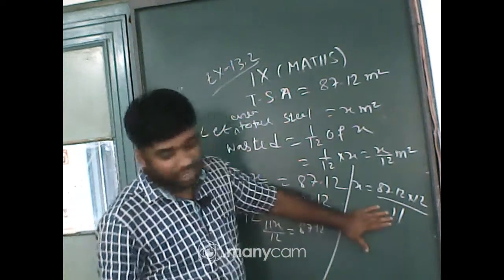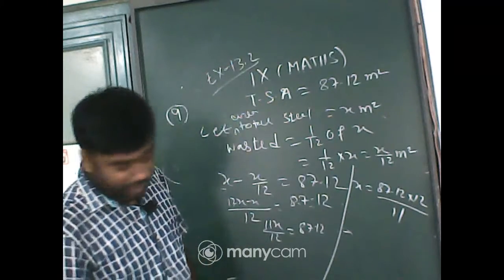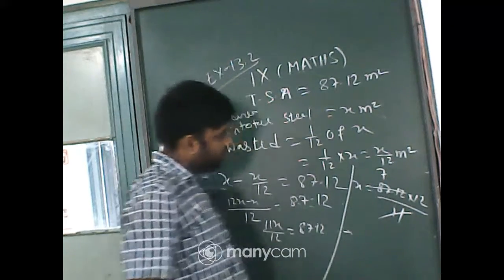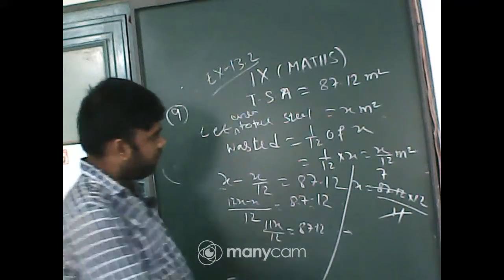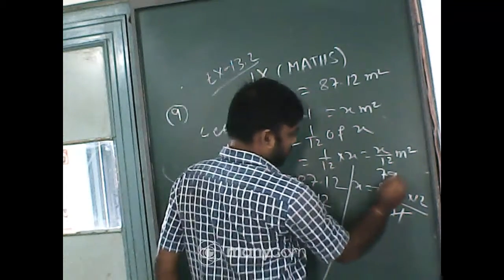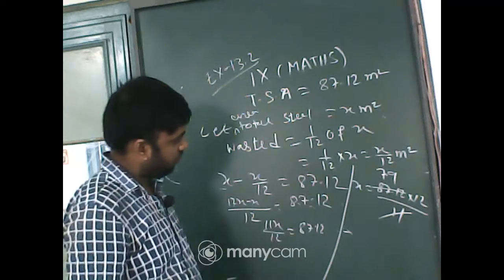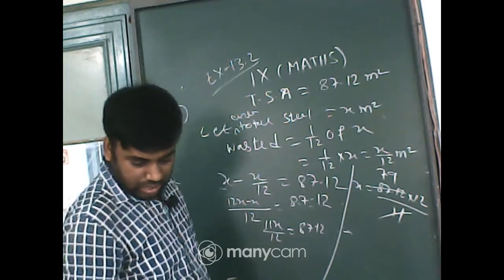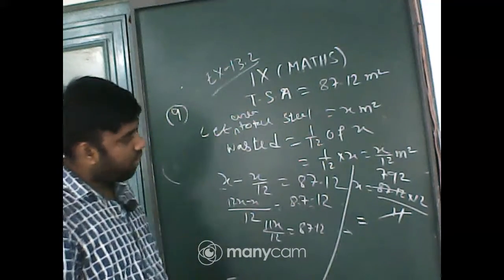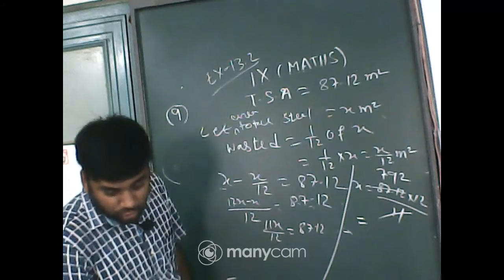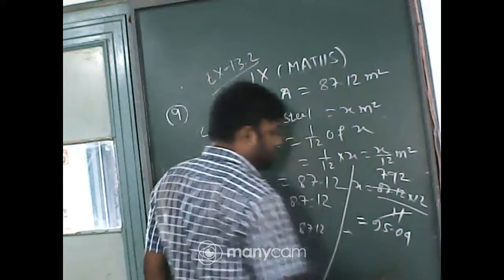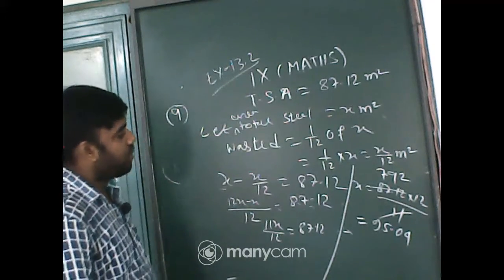If you calculate it, 7.92 into 12, that will be 95.04 meter square.